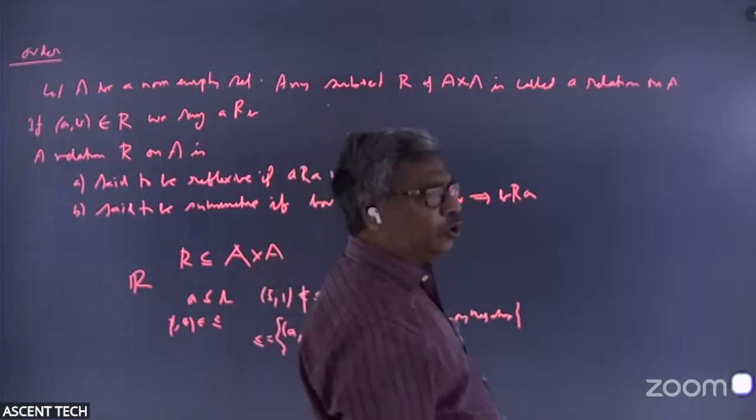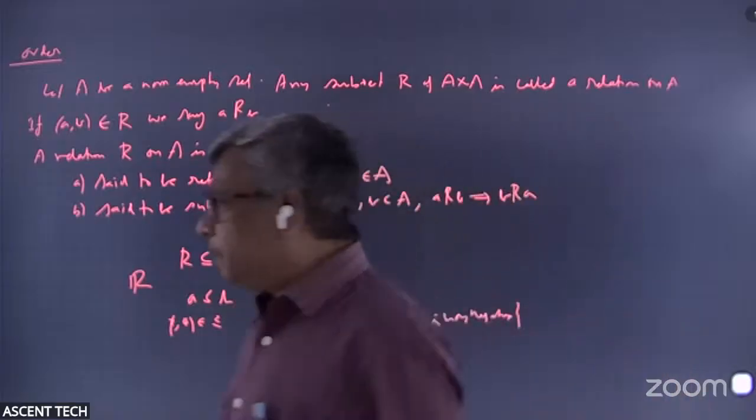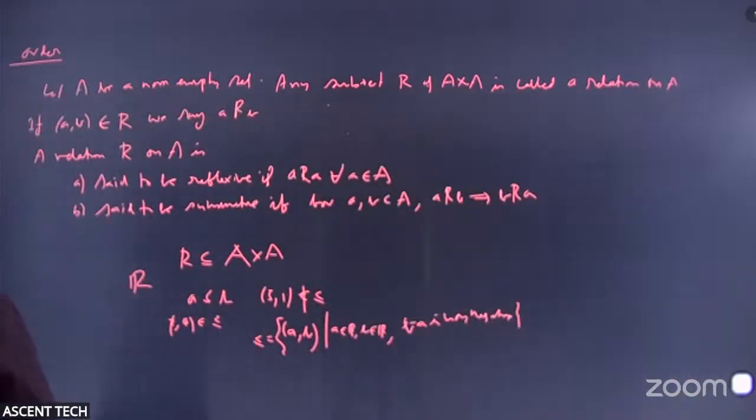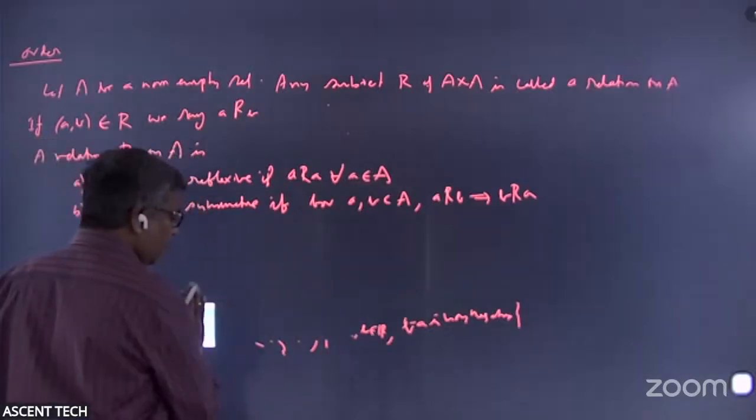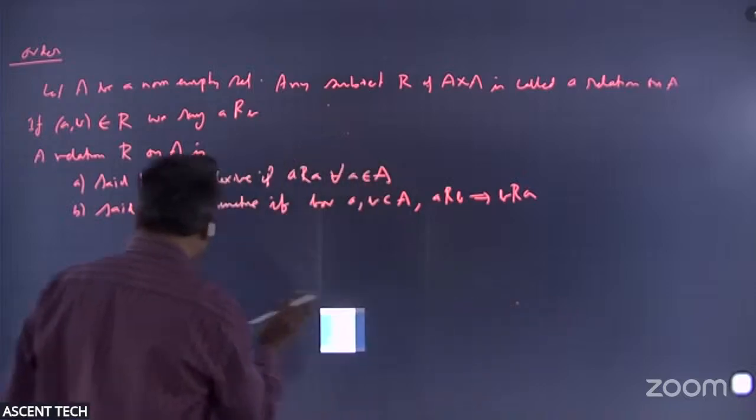If A is related to B, then I want B to be related to A also. If A is not related to B, I have no complaint about B not relating to A.